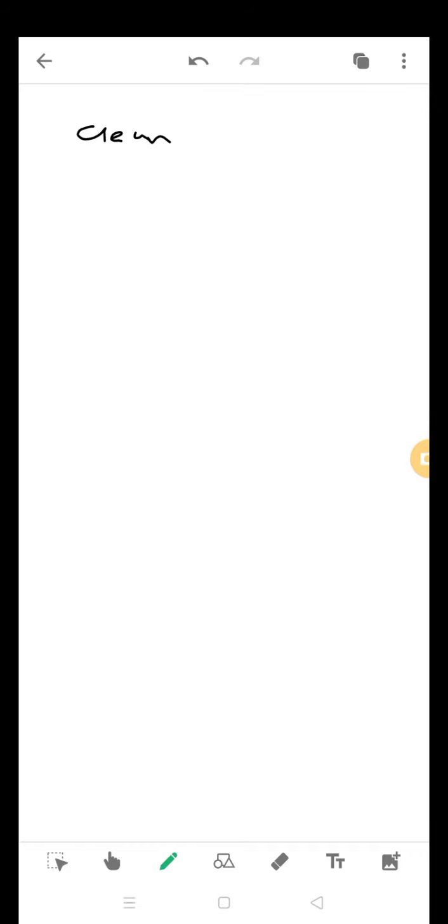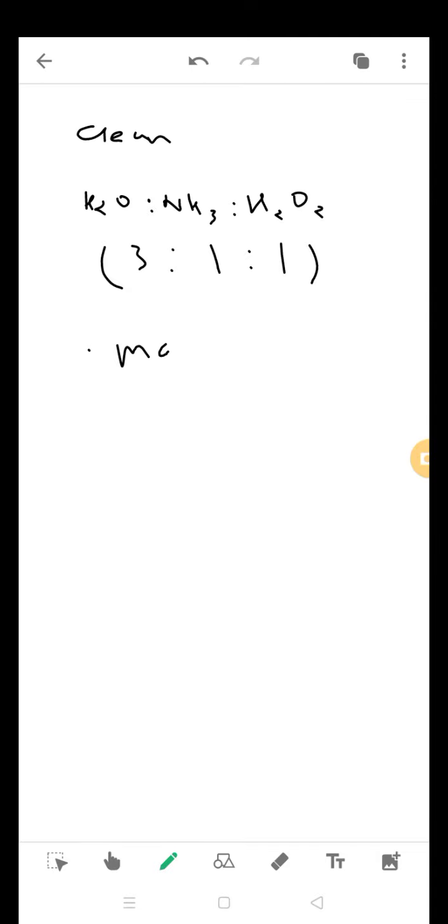You clean the whole system with the following composition: H2O and H2O2 in a 1:1 composition. So clean the substrate, and then the surface is covered with a mask, which is basically 600 nanometer polystyrene spheres.